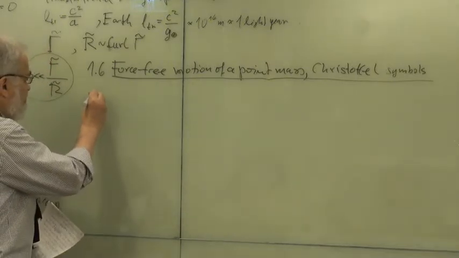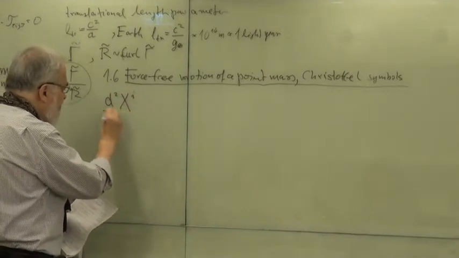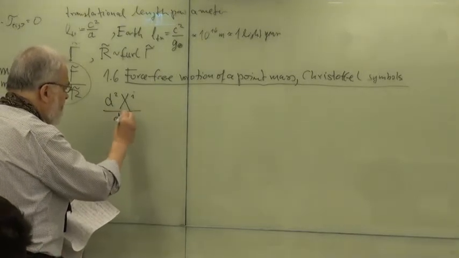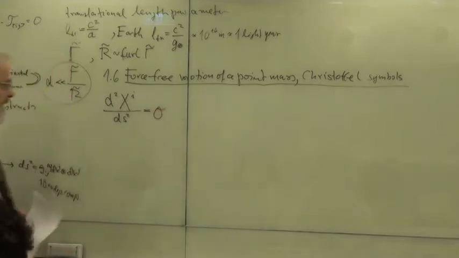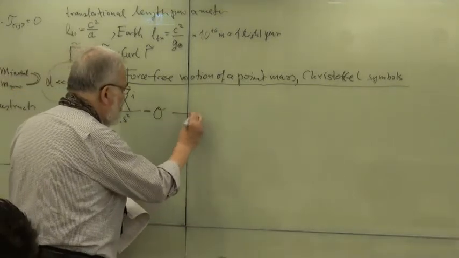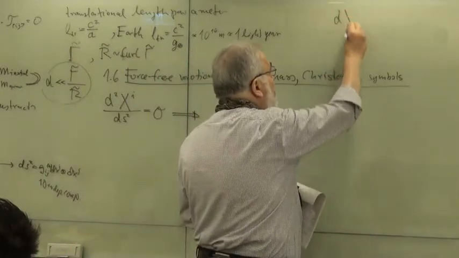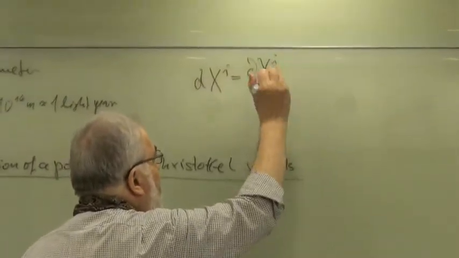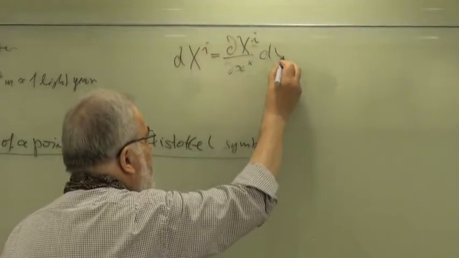So we go into our Einstein laboratory, into K, the inertial frame with the capital coordinates. ds squared is the line element, and here the acceleration is equal to 0. We have our mass point, and it moves acceleration free. Now we go to curvilinear coordinates. The coordinate transformation is as usual: dX^i is partial X^i with respect to small x^k times dx^k.